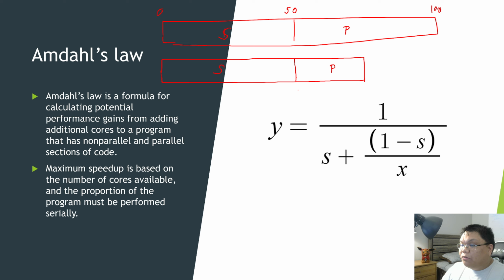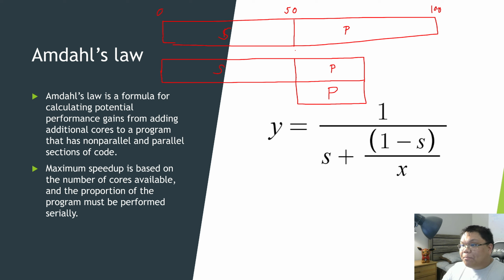One CPU core will be executing the serial code. Let me back up. So what will happen is this. Once we get to the parallel section of code, the work being done is now divided between two CPU cores. So now we have done the parallel work in half the time.